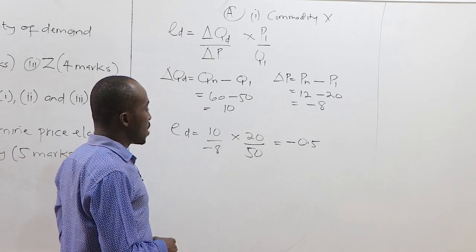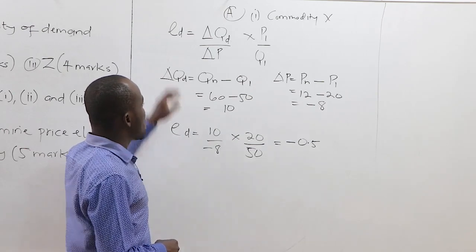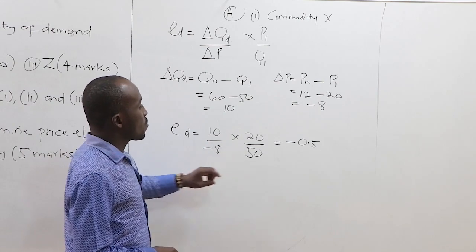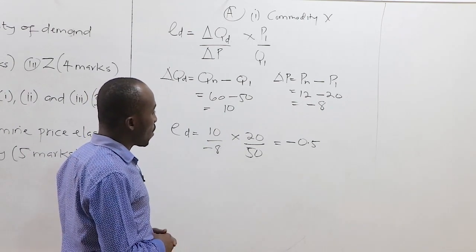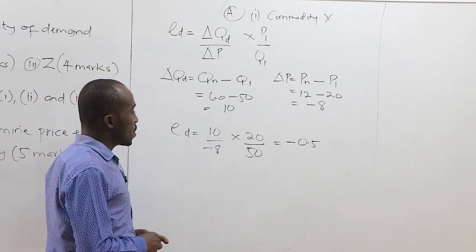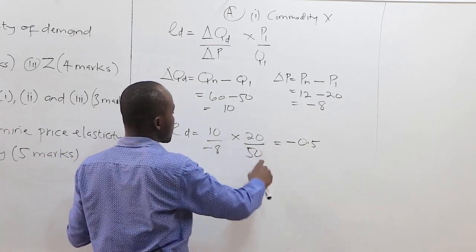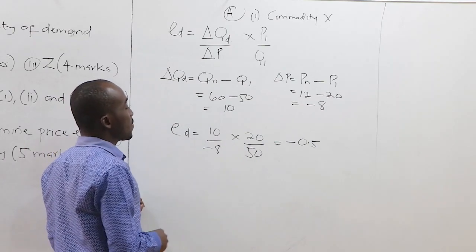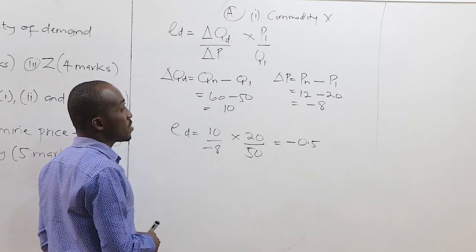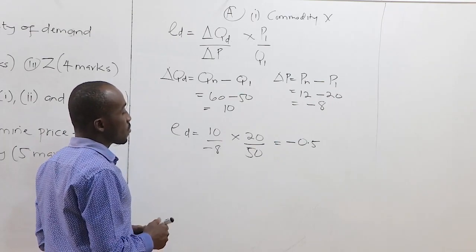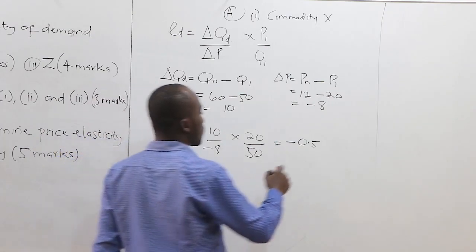If you put this thing here, you're going to have 10 over that. So if this cancels that, this cancels that, you're going to have 20 divided by 40. That'll give you negative 0.5. So that's the answer. It's 4 marks, right? Let's see. 1 mark for the final answer.